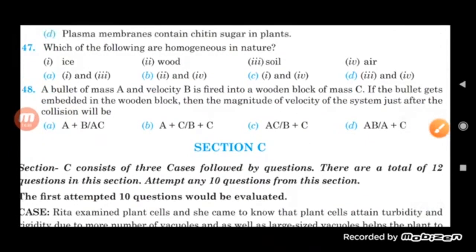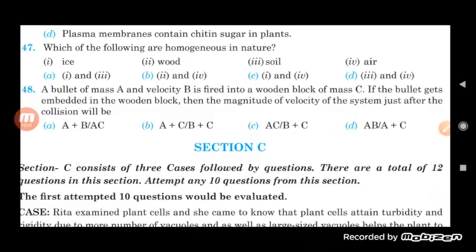Now, a bullet of mass A and velocity B is fired into a wooden block of mass C. If the bullet gets embedded in the wooden block, then the magnitude of velocity of the system just after the collision will be?